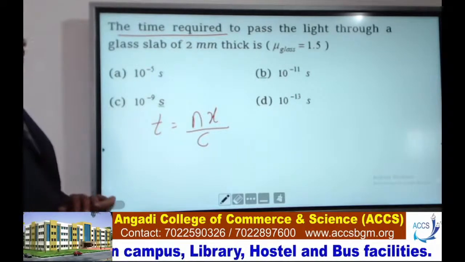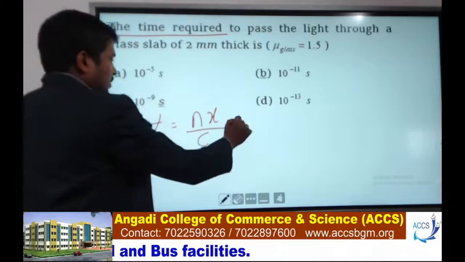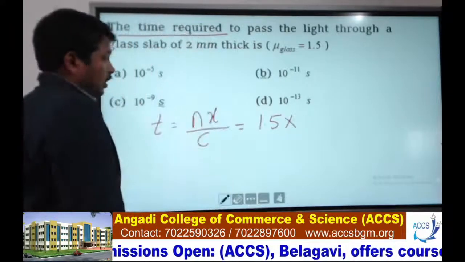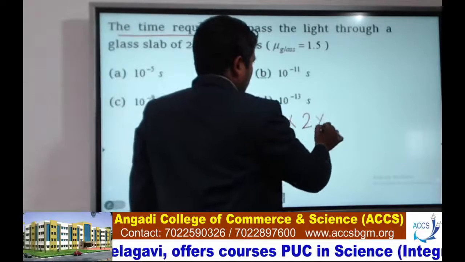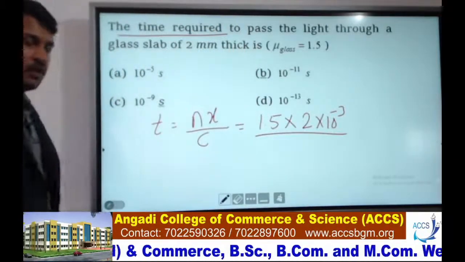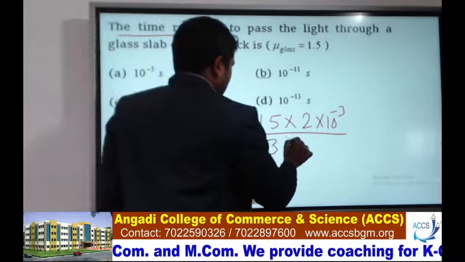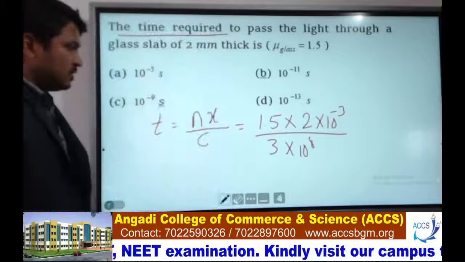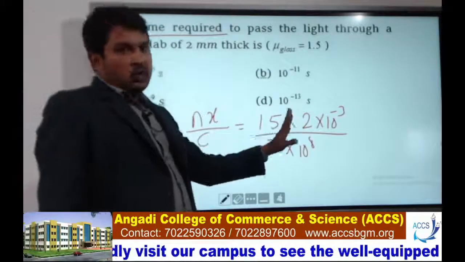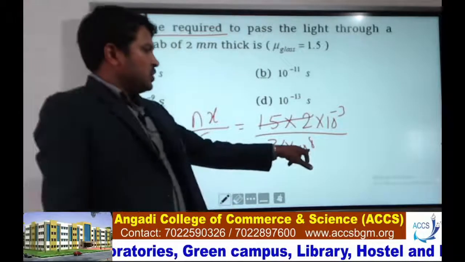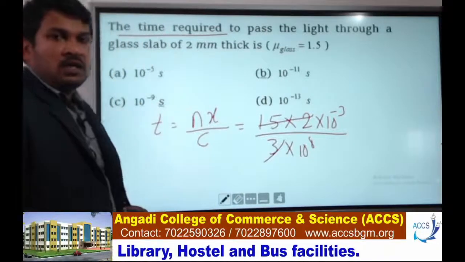Now, what is the refractive index of the glass slab? The refractive index of the glass slab is 1.5 into, how much is the thickness? 2 into 10 raised to minus 3 divided by 3 into 10 raised to 8. Yes. 1.5 into 2, again 3. This whole term gets cancelled. 10 raised to 8 goes up means 10 raised to minus 8.